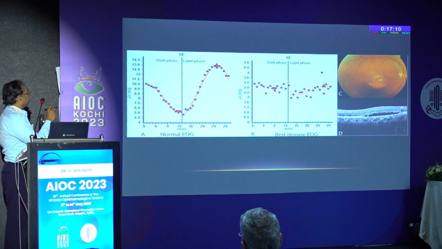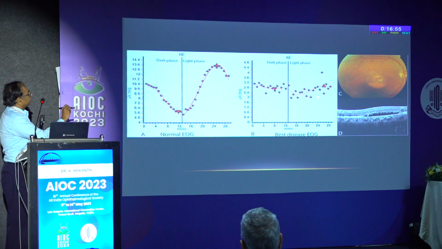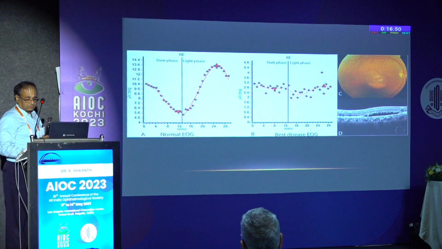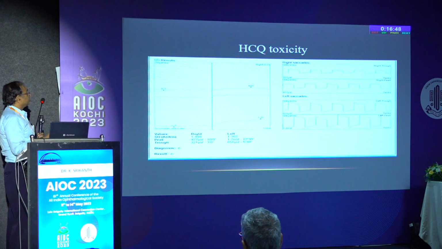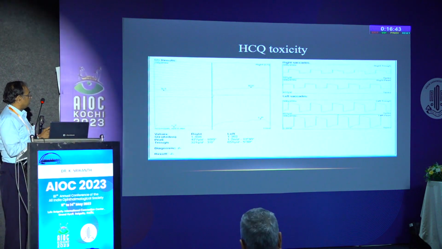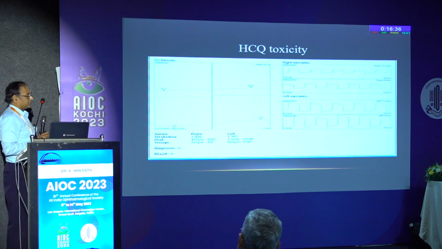You can see the normal EOG with the dark phase at 12 minutes and the peak phase again at 10 to 12 minutes, or sometimes 8 to 12 minutes, and you can see the reduced dark phase as well as the light phase. Here again, in hydroxychloroquine toxicity, you see the Arden value is 1.48, 1.36.